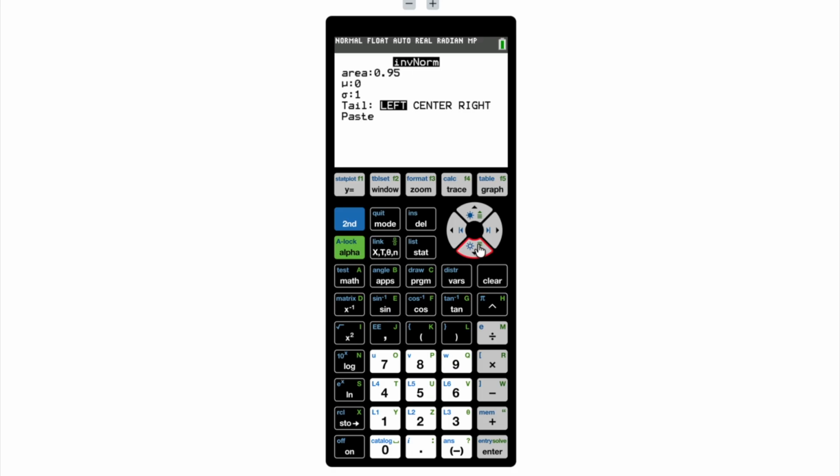We're working with the standard normal distribution, so mu is always 0, and standard deviation is always 1. And make sure the left option is highlighted. Then highlight paste and press enter. And then press enter again. This is our answer.